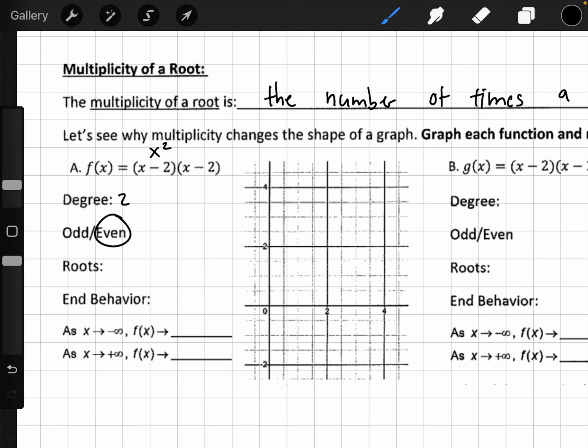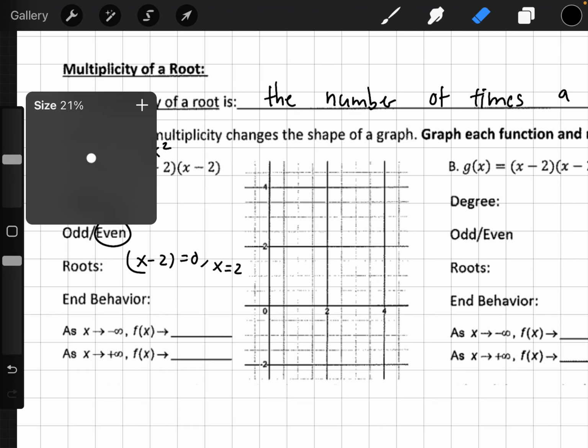That's an even number. And the roots: when we set x minus 2 equal to 0, x is equal to positive 2.